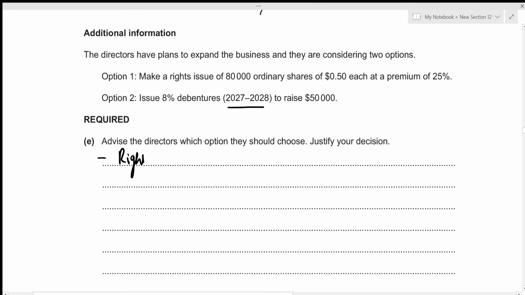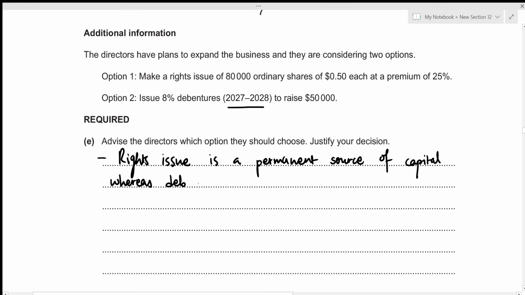Rights issue is a permanent source of capital, whereas debentures need to be repaid at a future date.